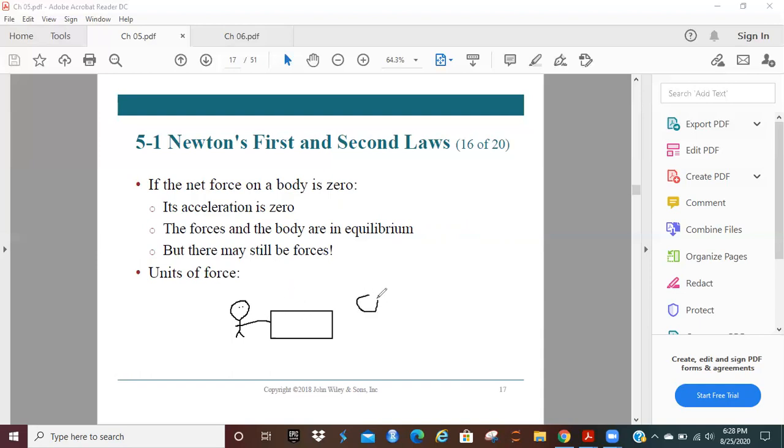And over here, Giselle, I've got you, and you're pushing back on that box. Braden, you're pushing here, and you're pushing with 10 newtons of force. Giselle, you're pushing back in the opposite direction with the same amount of force. What's going to happen to that box?